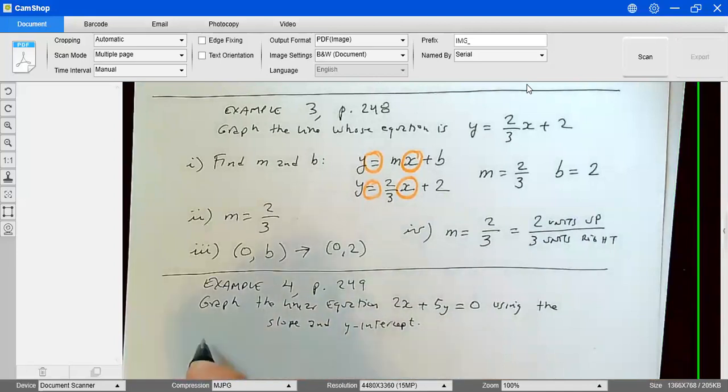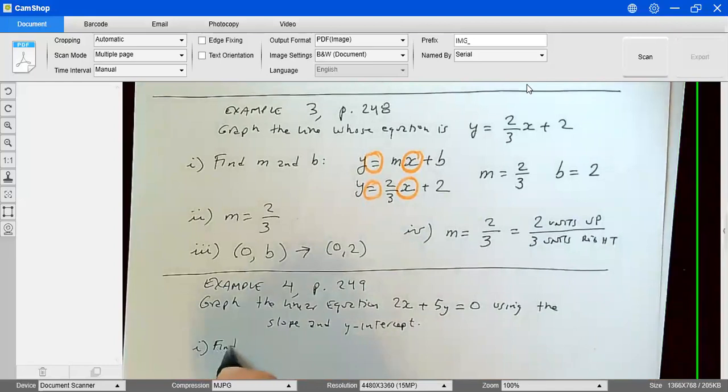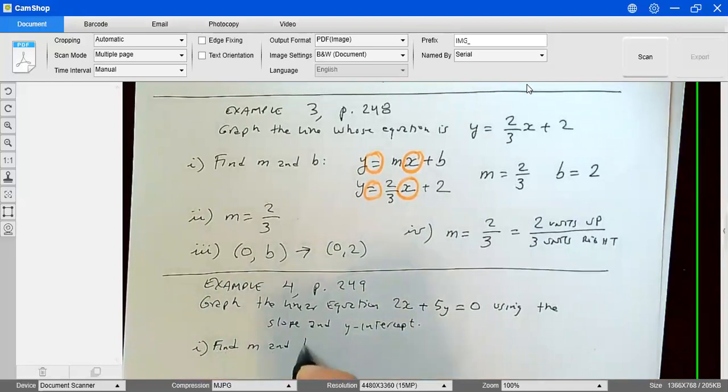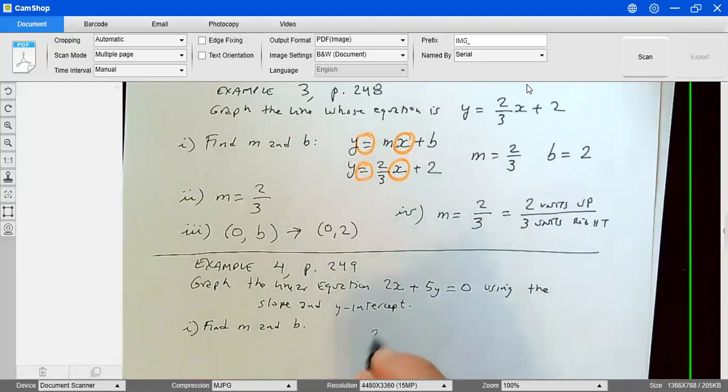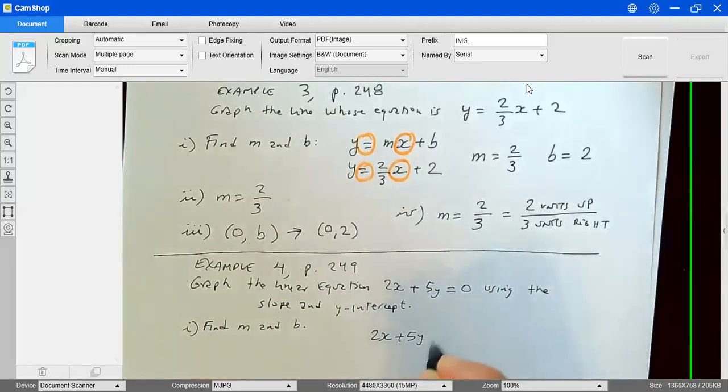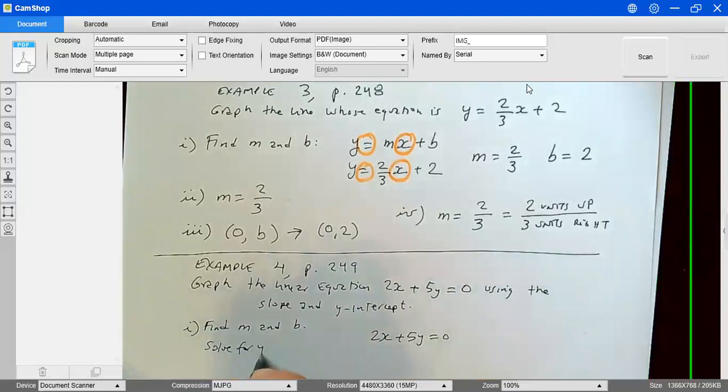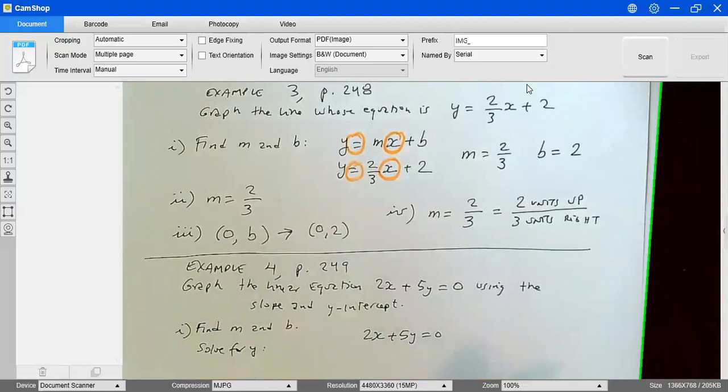So we need to find M and B first. To do that, we need to solve for y first. So we need to solve for y to find the slope-intercept form. So first, we isolate the y term. That's the first thing that we do.